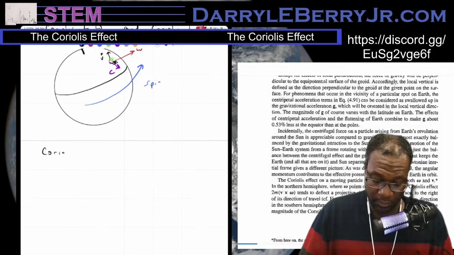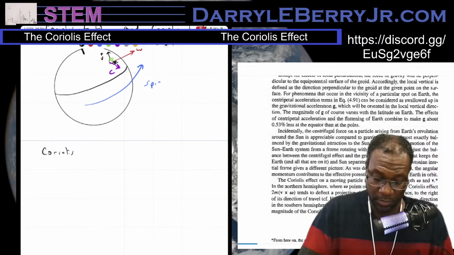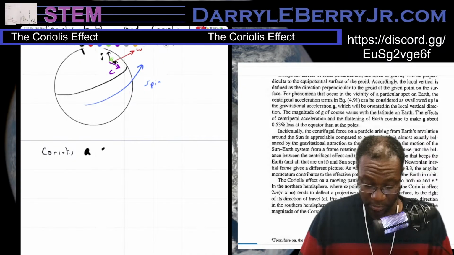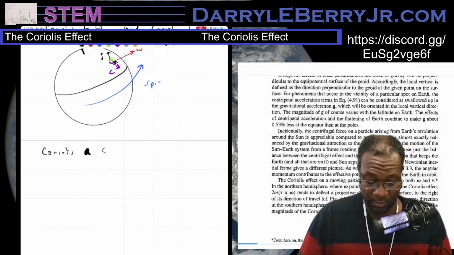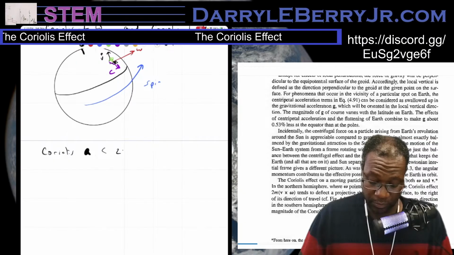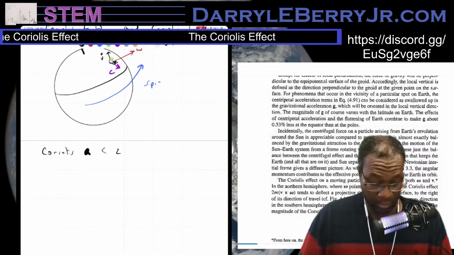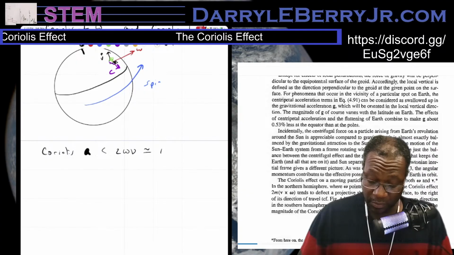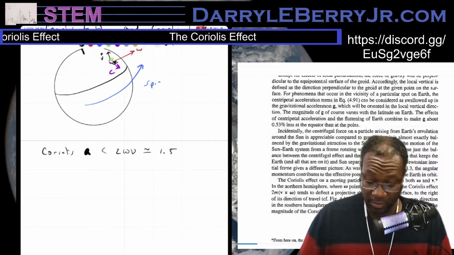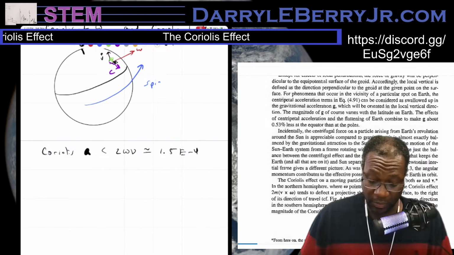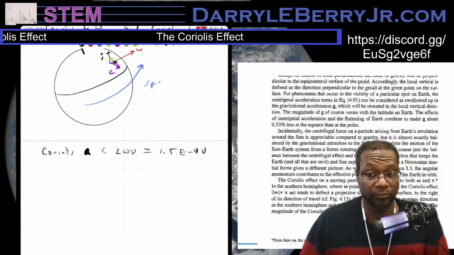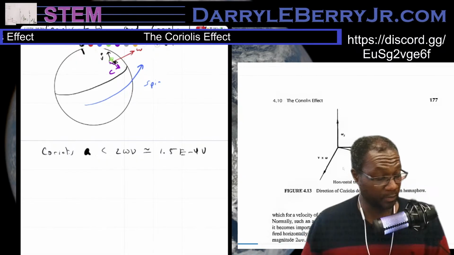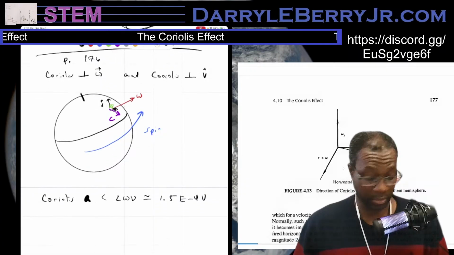Coriolis acceleration less than 2 omega v, which is about equal to 1.5 e to the negative 4 v. Right? So this is what I was trying to draw earlier.